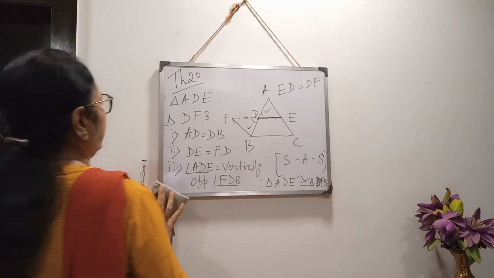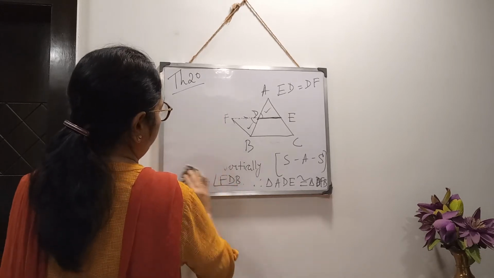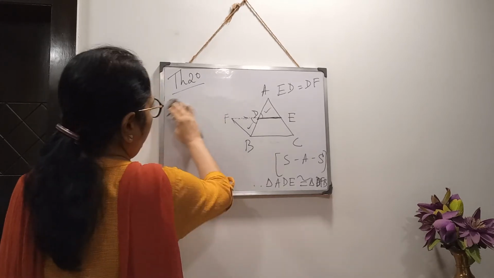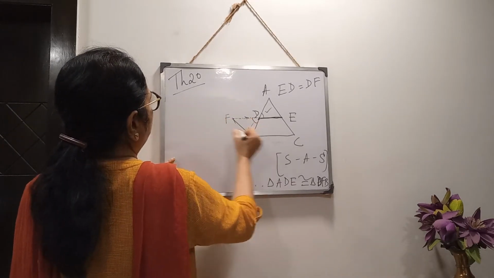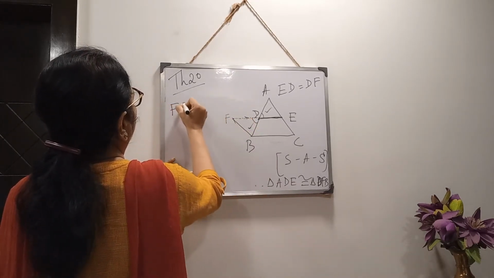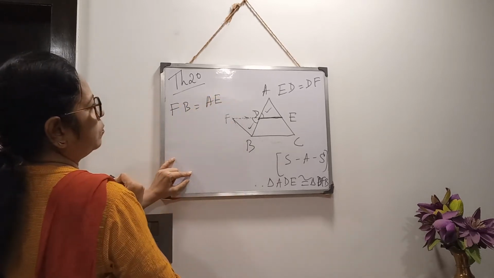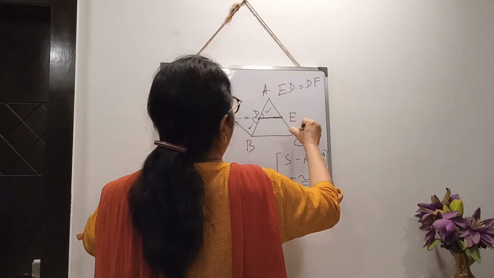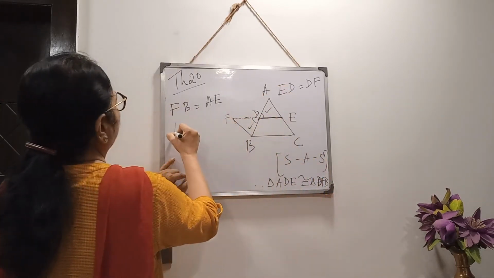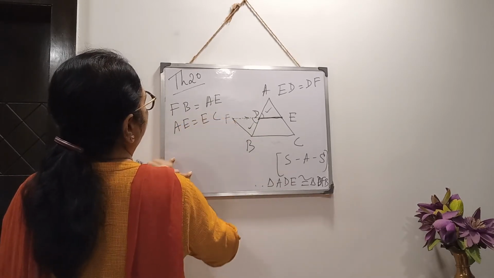Now these two triangles are congruent, so we can write FB equals AE, corresponding sides of congruent triangles. But E is the midpoint of AC, so AE equals EC, already we know.